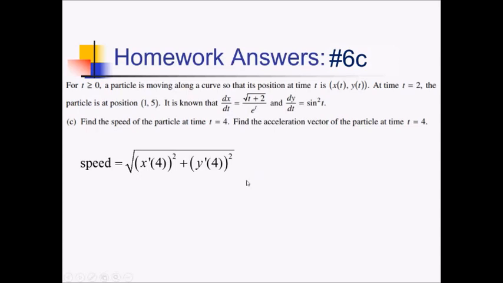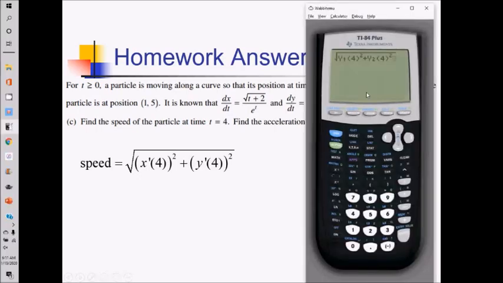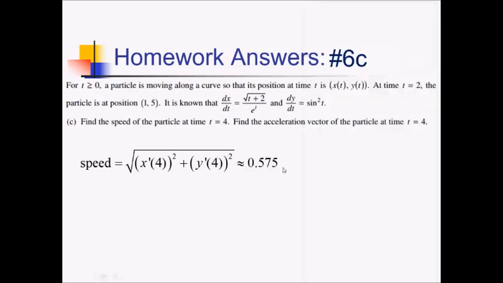I'm going to do this all in the calculator. So here's the setup on my calculator. I've got the square root of, and I stored x prime as y1, so I've got y1 of 4, and we're squaring that. And I stored y prime as y2, so we're plugging in 4 and squaring that as well. Press enter, and that's about 0.575. We'll take their word for it.